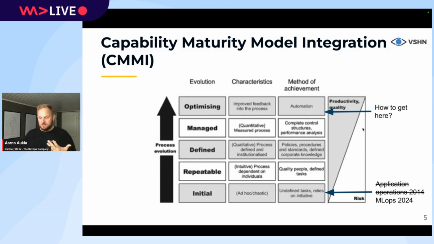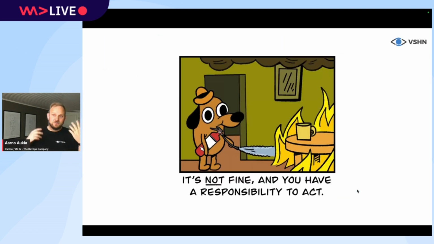And that's what we did and are still doing for DevOps, for normal software. And that's exactly where I think we are in the very beginning now with MLOps and so DevOps for AI and so forth. And of course, 10 years ago, I felt it's not fine. So you have a responsibility to act. So in not automating the process in retrospect feels like negligence.